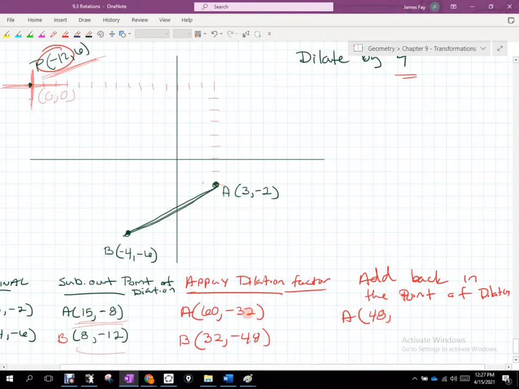What's negative 32 plus 6? Negative 26. And then 32 plus adding back in negative 12 will give me 20? And then negative 48 plus the 6 back in will give me negative 42, right?